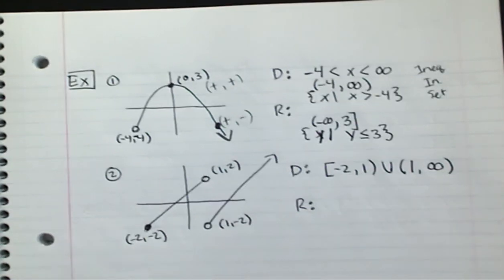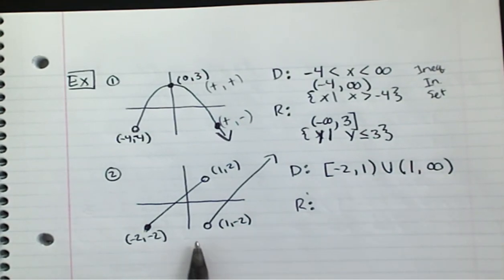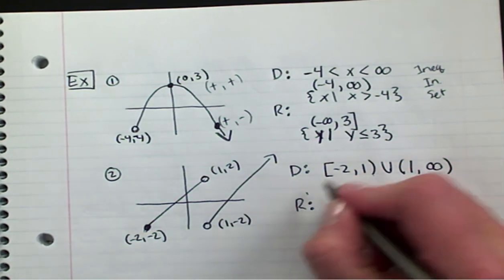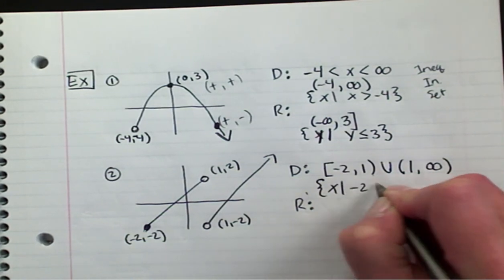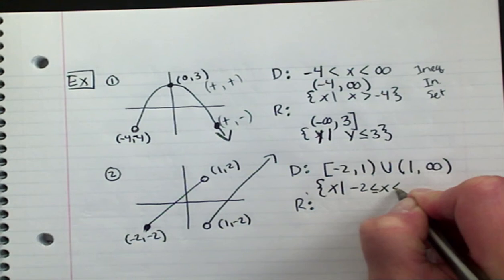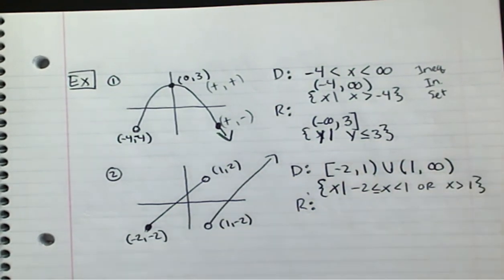Just vocab. Okay, you see that? Is 1 included? Do you have a closed dot anywhere on 1? Nope, not included. Okay, I can turn it into set. Whew, interval is faster.